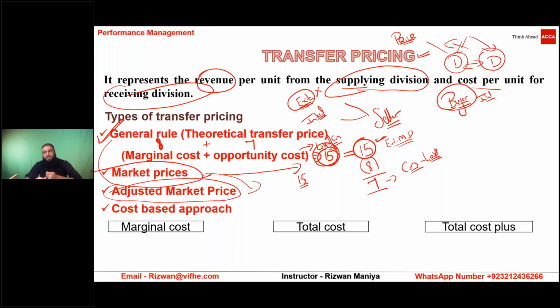But if I sell internally, I will avoid this packaging and distribution cost. Which means if I sell externally, I will incur this packaging and distribution cost. And if I sell this internally, I will not incur this packaging and distribution cost.